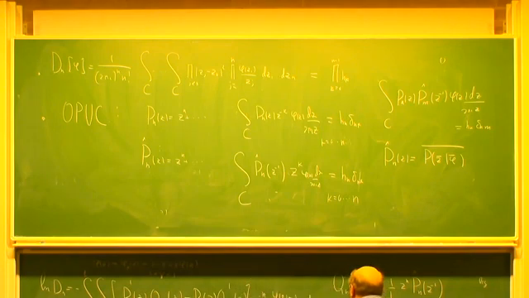What are the most important conditions? phi(z) is not 0 for all z on the circle, and its index is 0, so it doesn't wind around the origin.